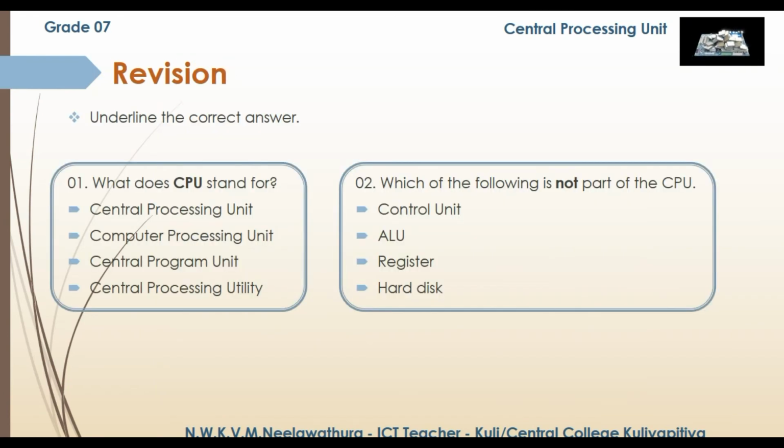Now the time for revision. Underline the correct answer. What does CPU stand for? Central Processing Unit, Computer Processing Unit, Central Program Unit, Central Processing Utility. Question number 2. Which of the following is not part of the CPU? Control unit, ALU, register, hard disk.